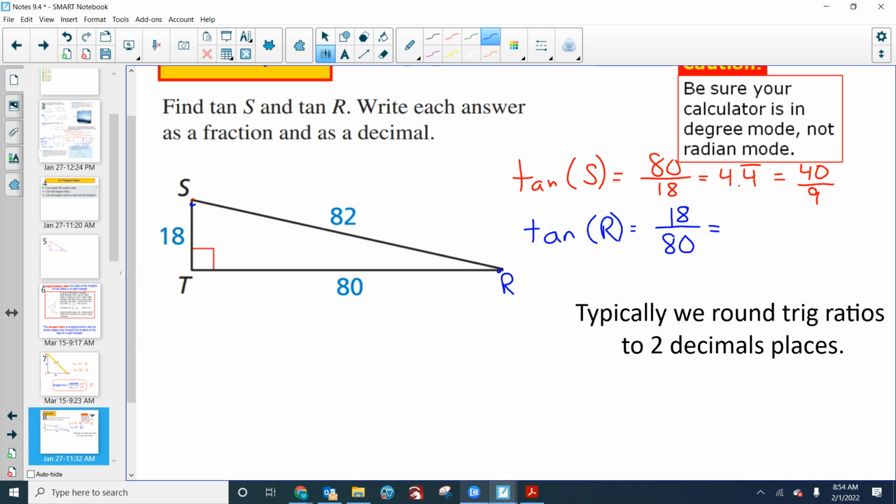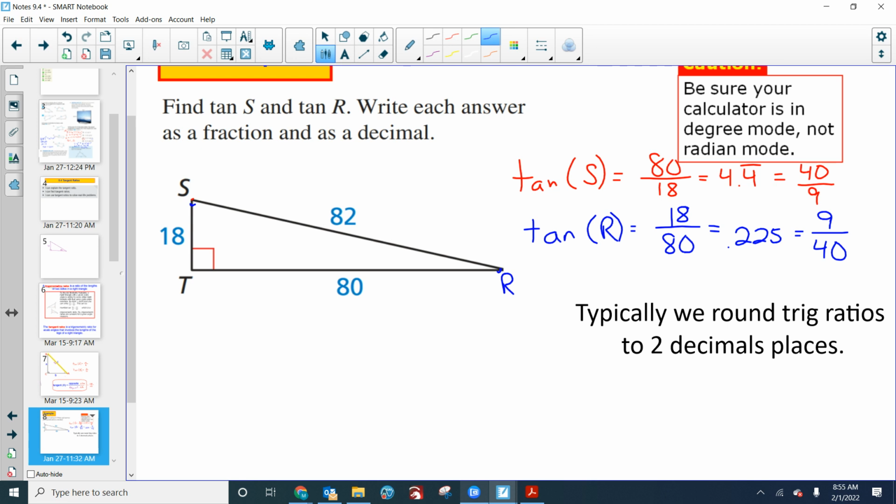What's the ratio of 18 over 80 going to be? 9 over 40, right? And what's the decimal? 0.225. We'll usually round to two decimals, but three is even better. That's fine.